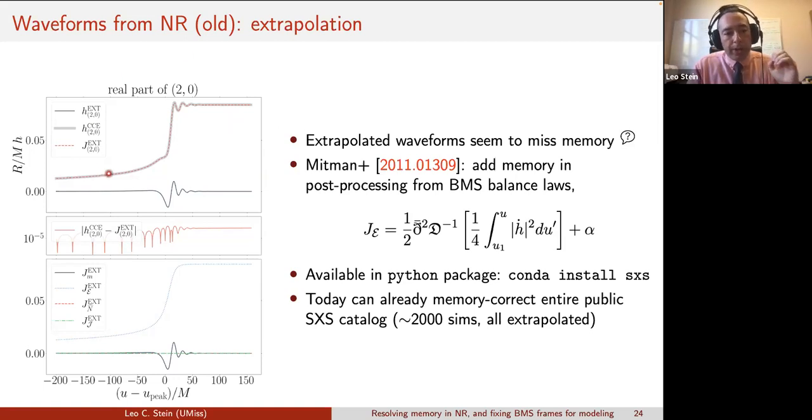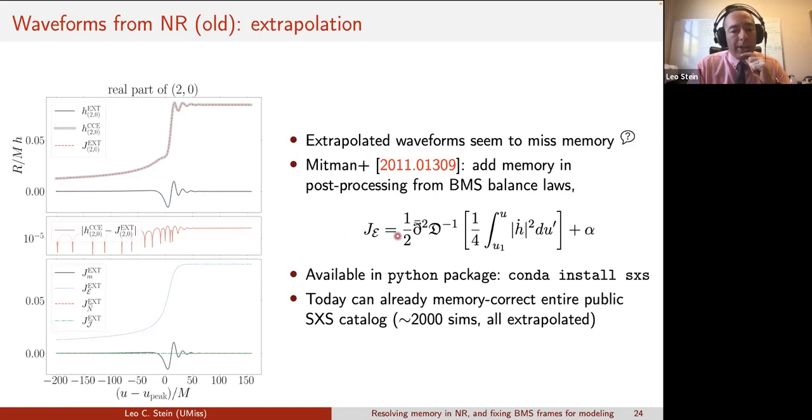All right, so the real result of a gravitational wave passing should have this kind of memory. Now, in the old way, it seems that these extrapolated waveforms don't have memory. Well, one thing that you can do is say, let me assume that nonlinearities are weak. So let me just post-process these waveforms that don't have memory and insert the memory by using flux balance laws. These balance laws are essentially just the Bianchi identities.